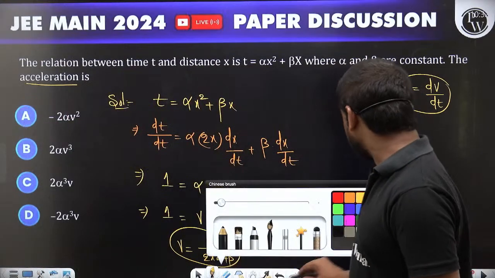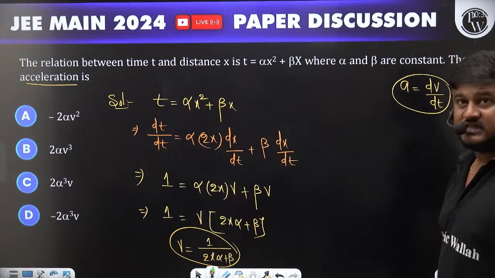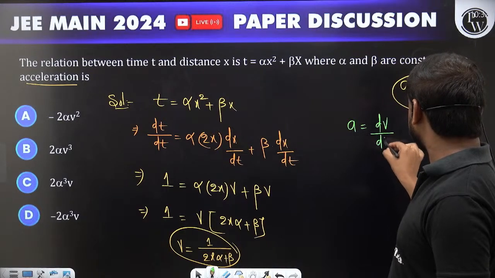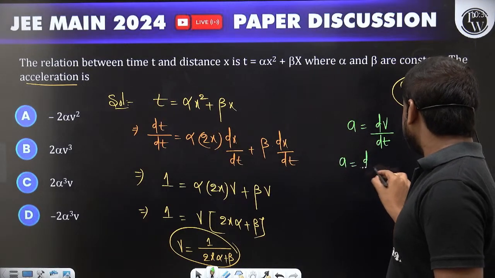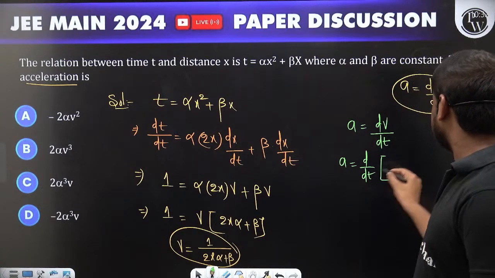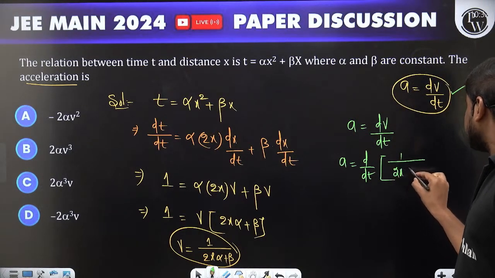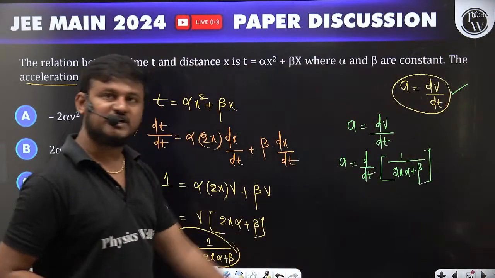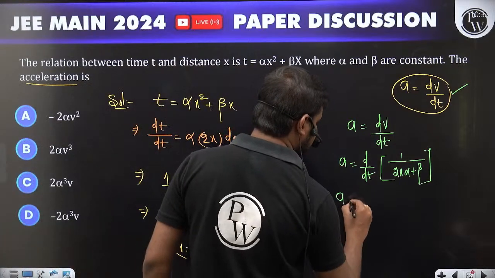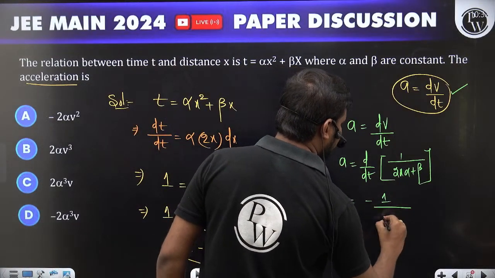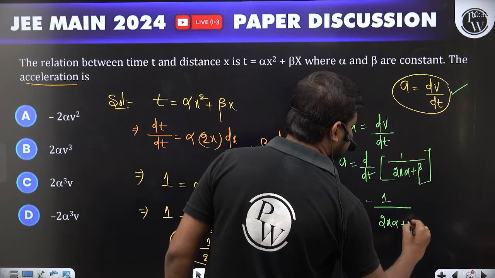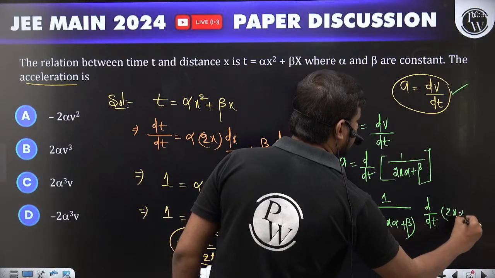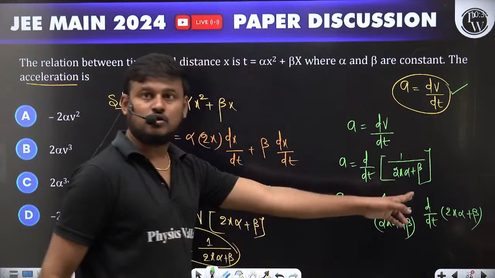Got it? Chalo. So now our ultimate aim is to get the A. So A is equal to dv by dt, so d by dt of 1 by something, that is 1 by 2x alpha plus beta. Then you can do this basic differentiation part. The acceleration A will become minus 1 into 2x alpha plus beta, square, my bad, into again d by dt of 2x alpha plus beta, chain rule, right?